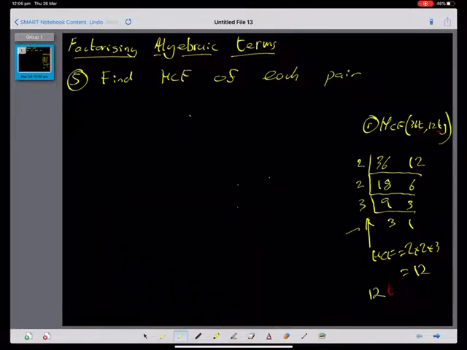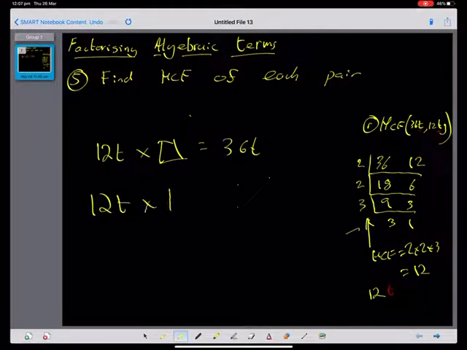So we want to show that 12t multiplies by something to give 36t, and 12t multiplies by something to give 12ty.